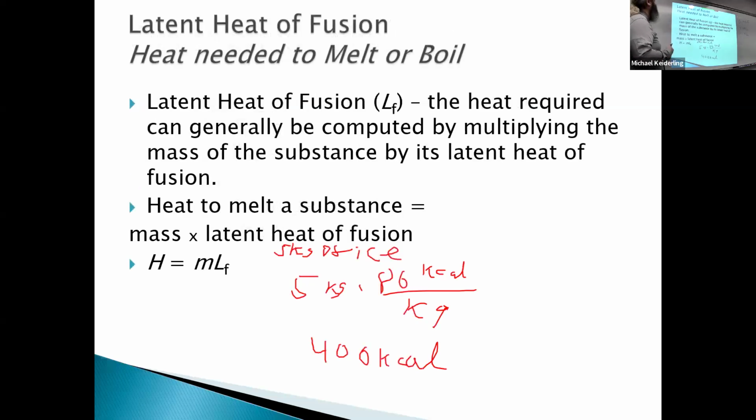So the heat required to melt a substance can be computed by multiplying the mass of the substance by its latent heat of fusion. So if you have 5 kilograms of ice, 5 kilograms times 80 kilocalories per kilogram, it will require 400 kilocalories to melt.